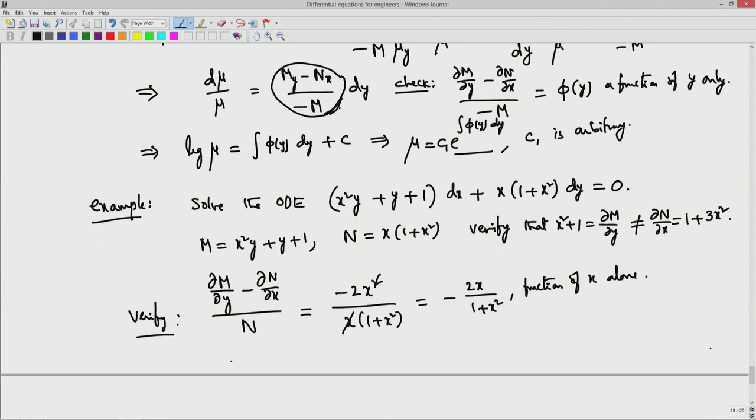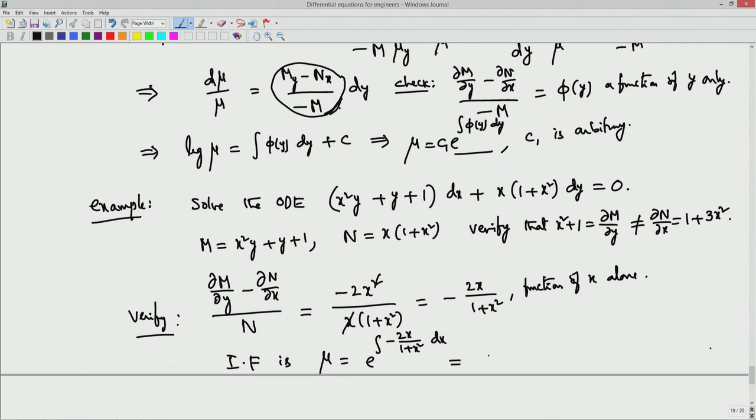So my integrating factor mu is e power integral of whatever I get here, this is my phi of x, that is minus 2x divided by 1 plus x square dx, of course with the constant that I can take as 1.